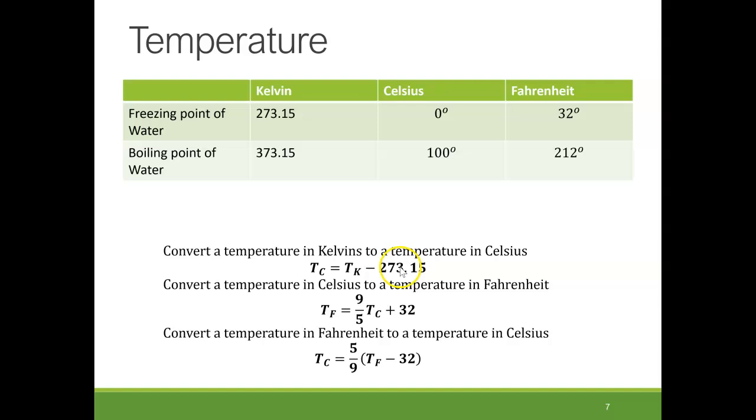And in the same manner, to convert Celsius to kelvins, we would be adding 273.15. Then to go from Celsius to Fahrenheit, I'll take my temperature in Celsius, multiply it by 9/5, and then add 32. Or if I want to go the reverse direction, I'll take my temperature in Fahrenheit minus the 32 and then multiply by 5/9.